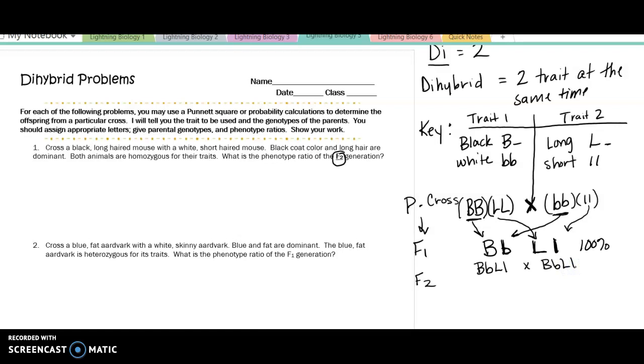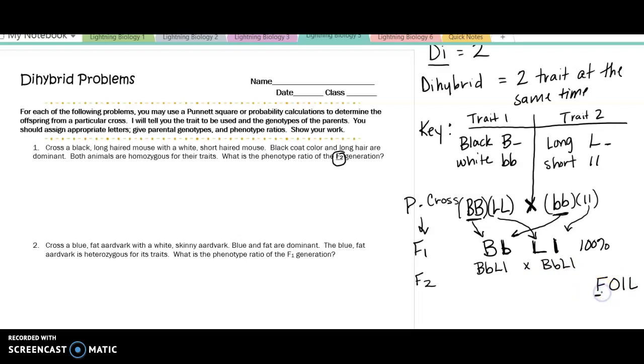Now we have lots of possibilities. And this is where we're going to FOIL the alleles that the parent has in order to determine what gametes these parents could pass on. And if you remember FOIL, FOIL is F-O-I-L.